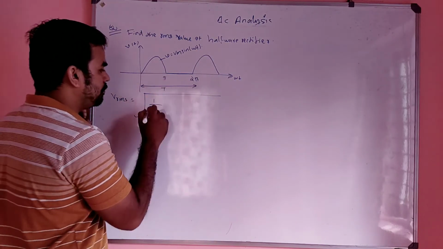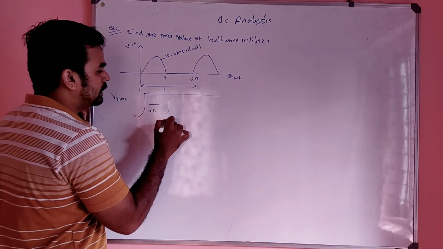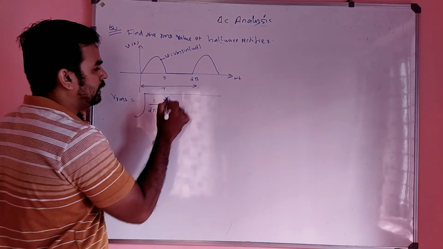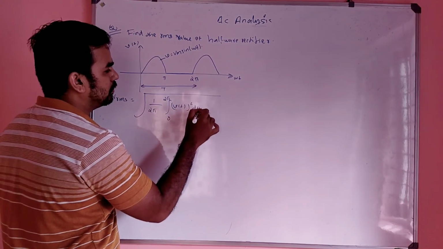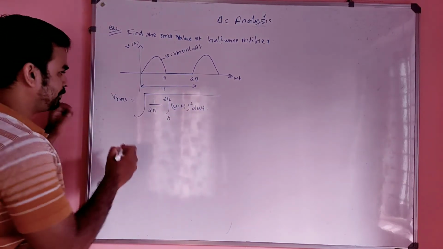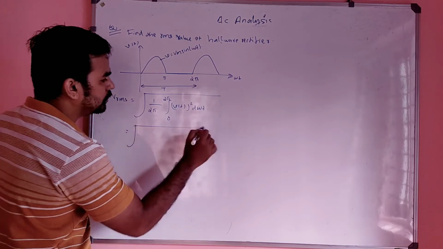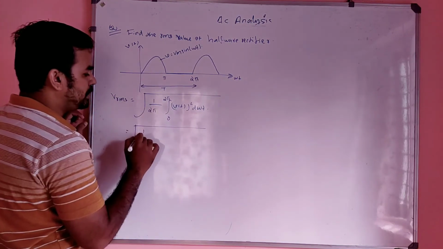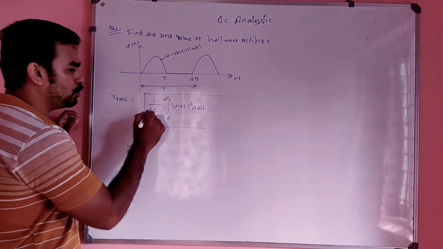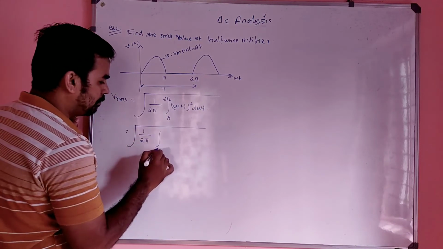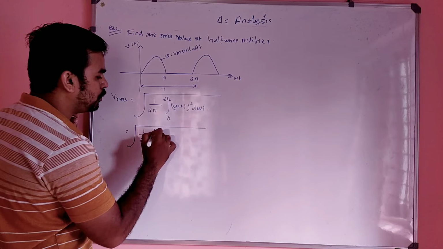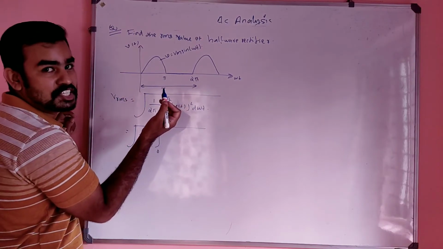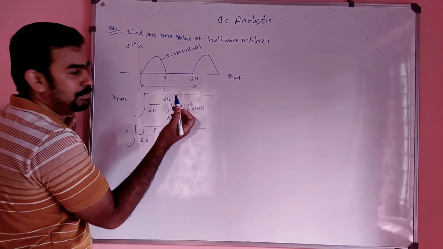So it will be 1 by 2 pi integral 0 to 2 pi V of t square d omega t. Correct or wrong? You can't alter this 2 pi, but you can change these limits. Only from 0 to pi does the waveform exist, right?